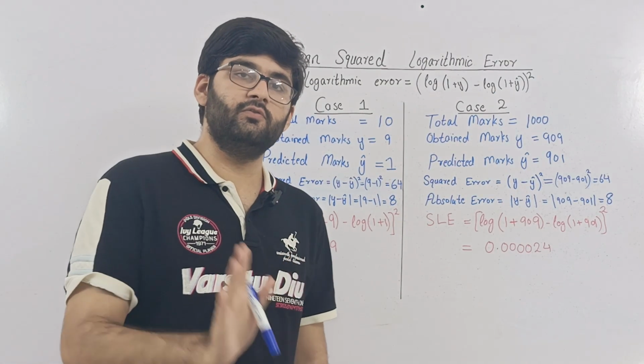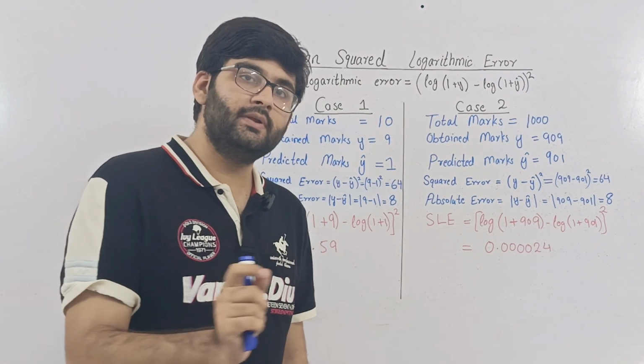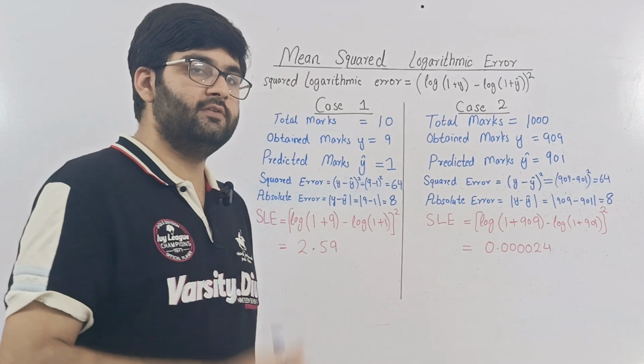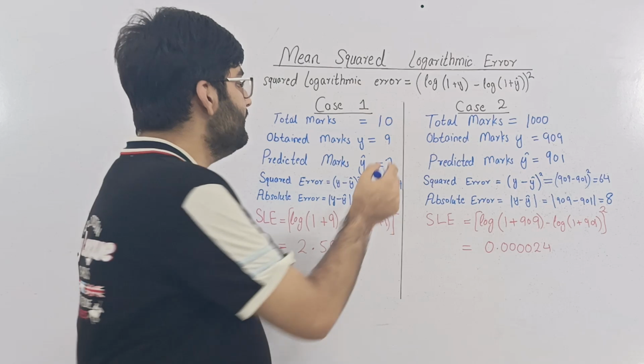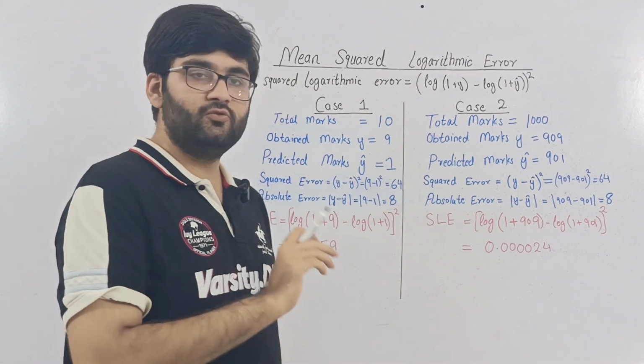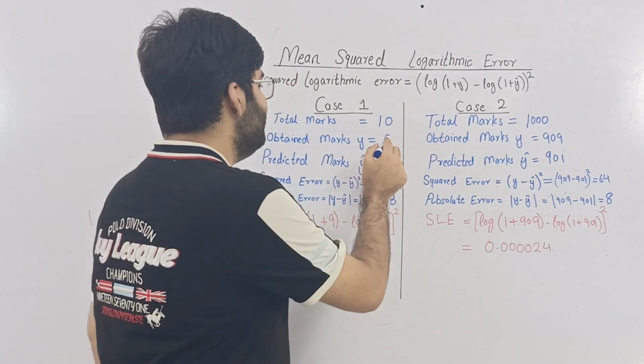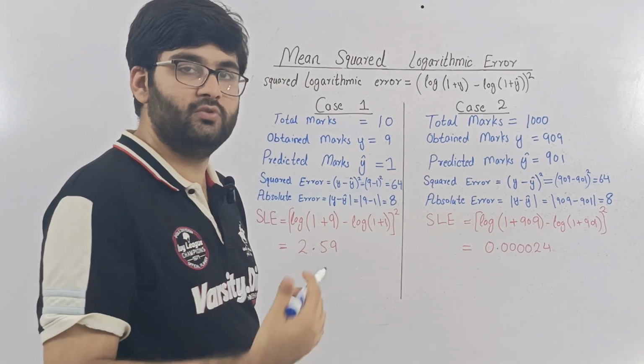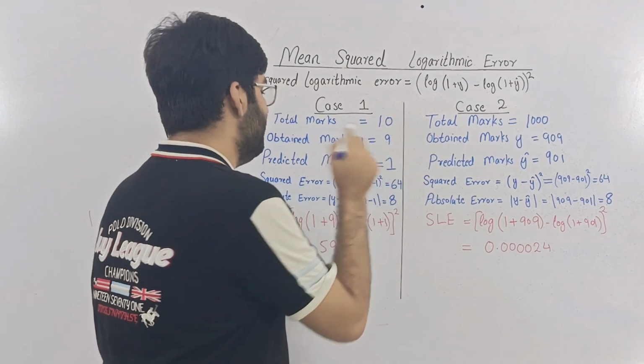Consider two cases of a regression model trying to predict the test score of a student. In the first case, the total test marks are 10. The student scored 9 marks, while the model's prediction was that the student will score 1 mark.